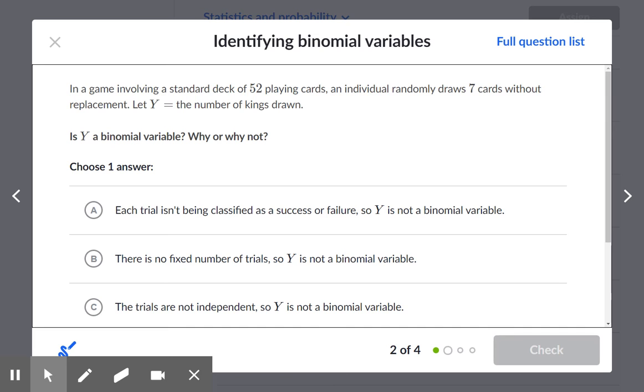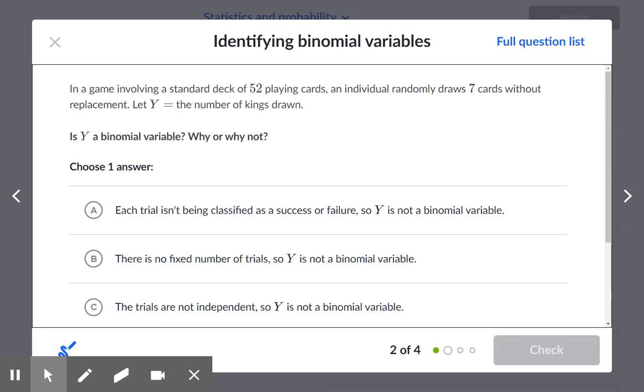But the probability of success, whether a card is a king or not, will change because there are only 4 kings in a standard deck of cards, right?